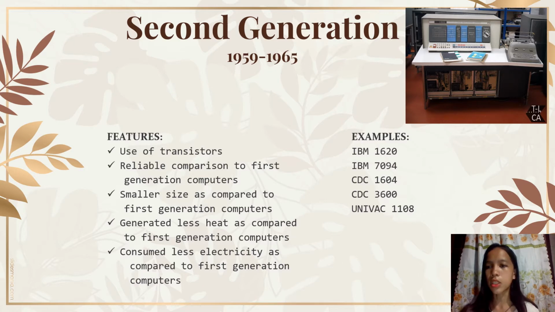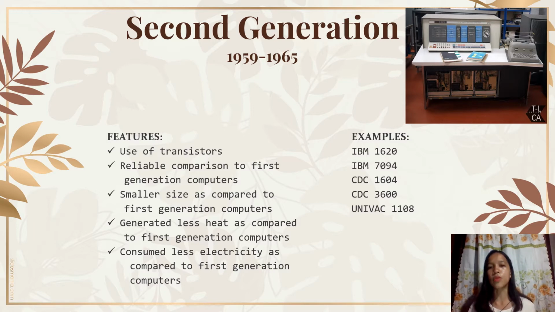Another feature of second generation computers is that it is reliable compared to the first generation computer. It is smaller in size compared to the first generation. If you noticed the picture earlier, this one is smaller compared to that. It generated less heat and consumed less electricity compared to the first generation computers.